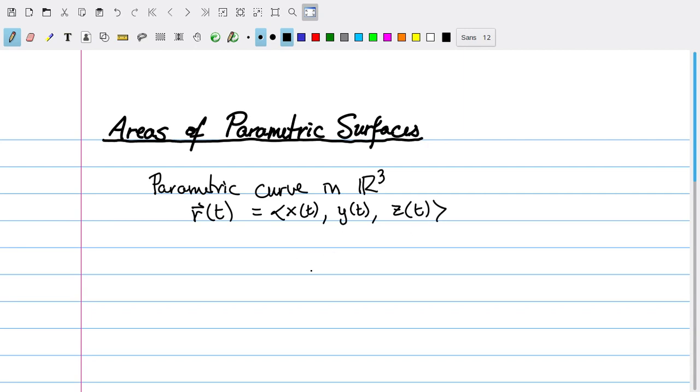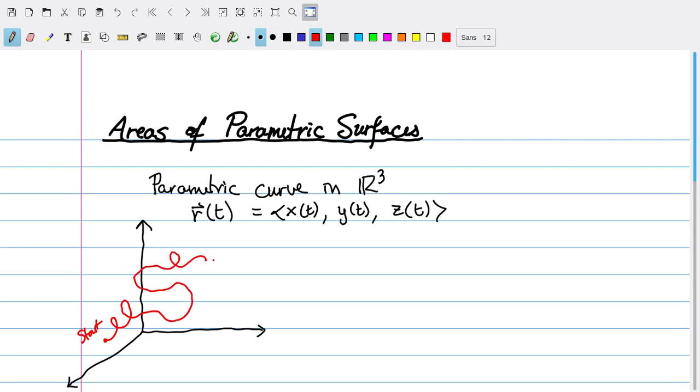And if I'm thinking about t as the time, then as t changes, I go from my starting point, and I could spiral around and do all sorts of fun and crazy things over three-dimensional space, depending on what the values of x of t, y of t and z of t are, and end up somewhere at my ending time. Now, a curve is a one-dimensional thing, and this is indicated in a lot of ways, one of which is the fact that it just involves a single variable, or a single parameter, t.